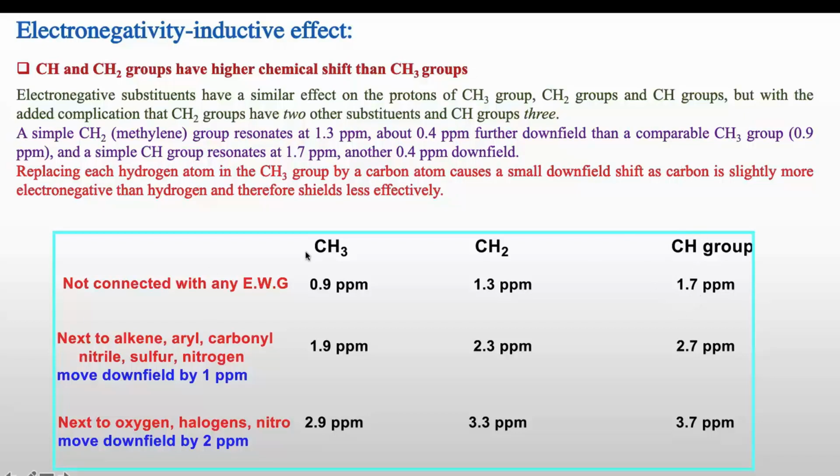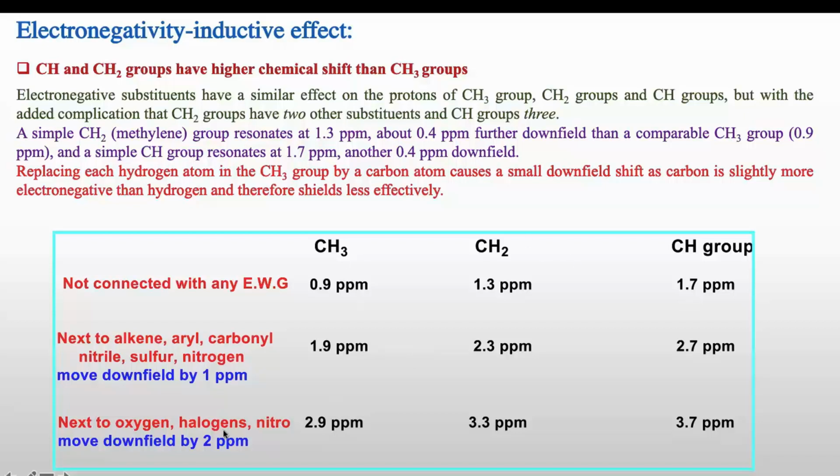If this CH3 group is next to alkene, aryl, carbonyl, nitrile, sulfur or nitrogen, this CH3 will appear at 1.9 ppm because we have seen that in the previous slide. But if these groups are connected to a CH2 group, that will come at 2.3 ppm, and if these groups are connected to a CH group, that will come at 2.7 ppm, meaning these groups add 1 ppm to the actual value of CH3, CH2 and CH groups.